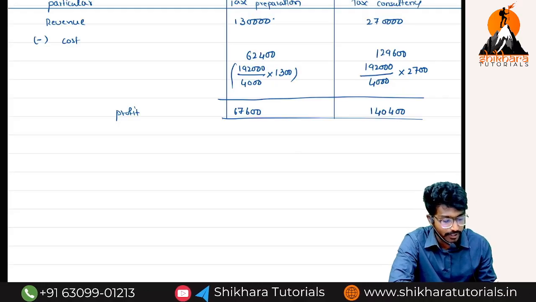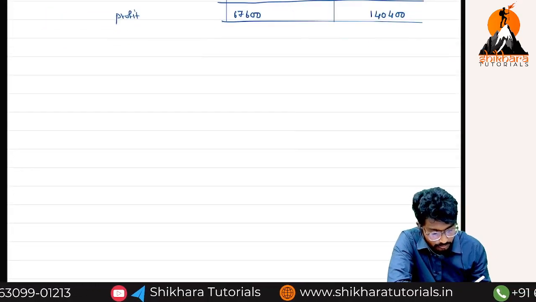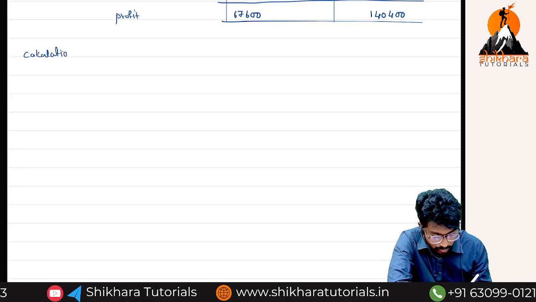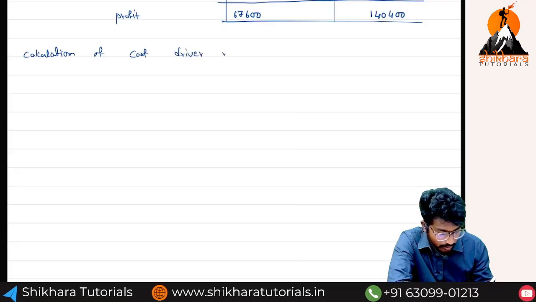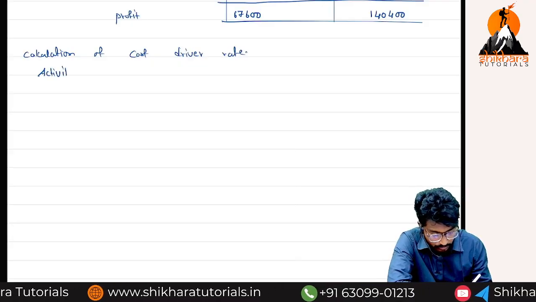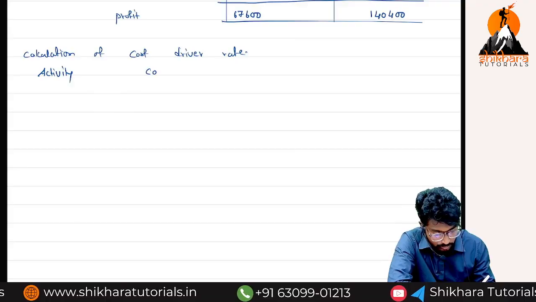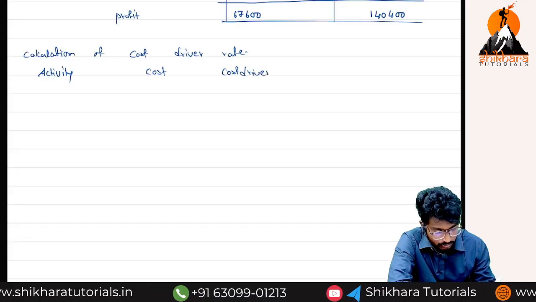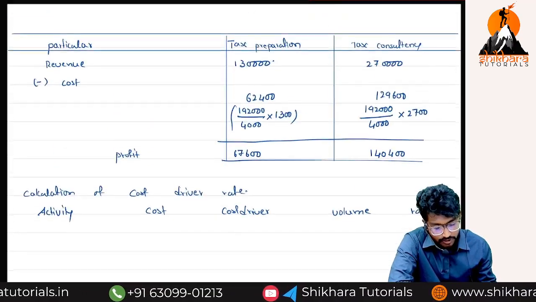This is profit under which costing system? Traditional costing system. Next, calculation of cost driver rate. Activity cost, driver volume and rate. What is the first cost?